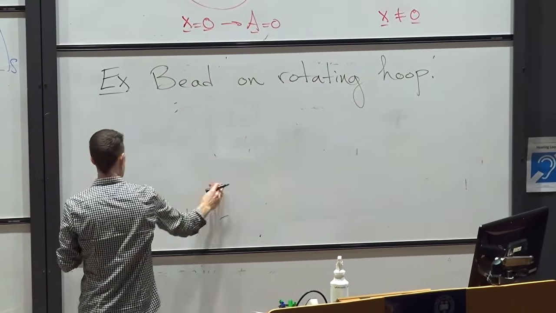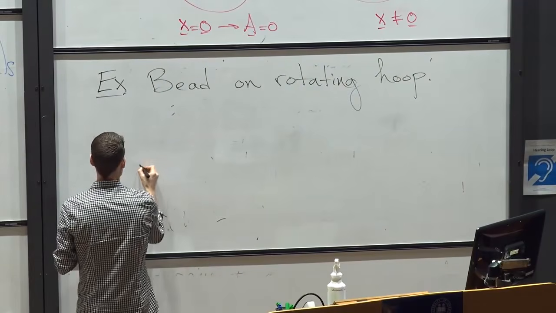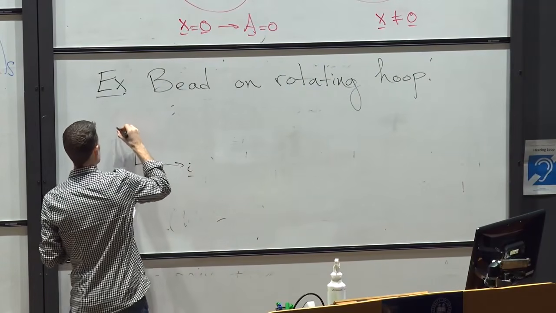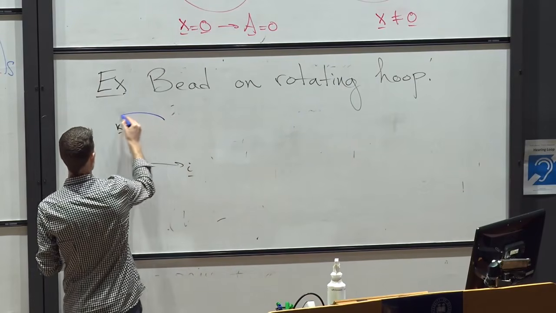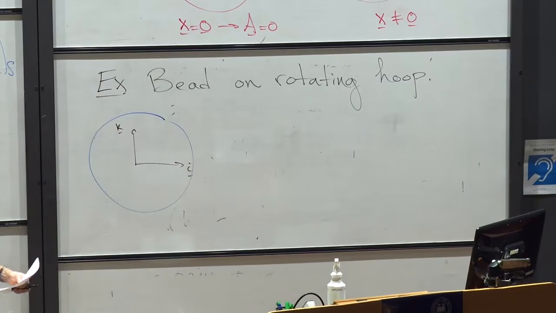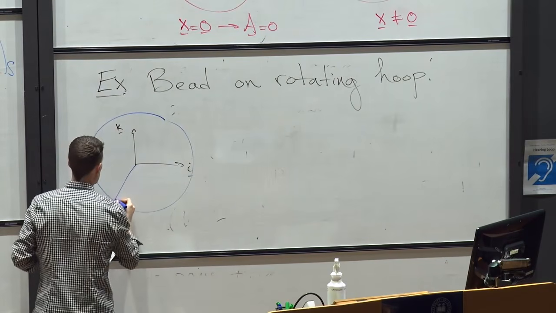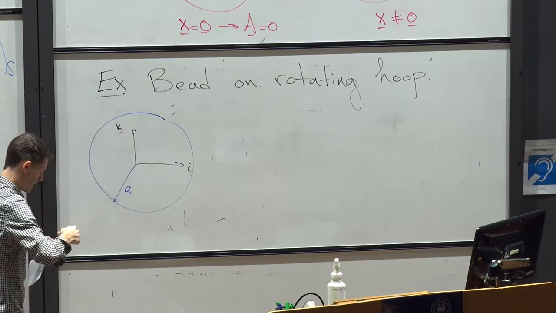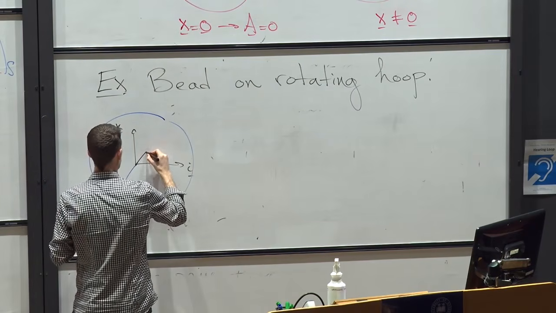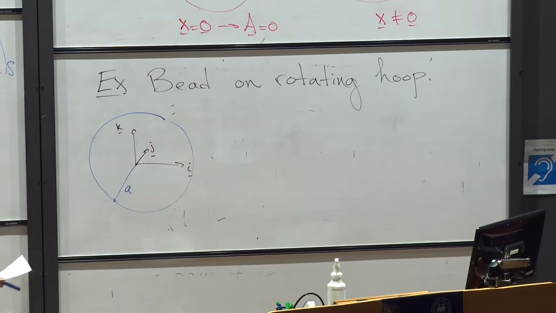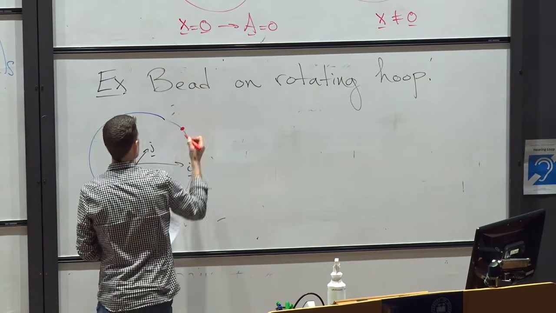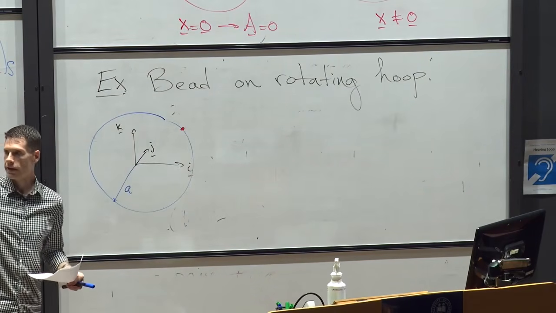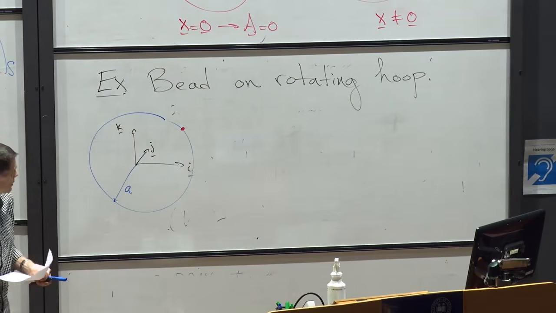Okay, so the picture is, let's call that the I and the K, and I put a hoop of radius A centered around the origin and in that plane. So J is going into the board. And what I'm going to do is take this hoop and put a bead on it, somewhere here. The bead is going to slide freely, frictionlessly around the hoop.